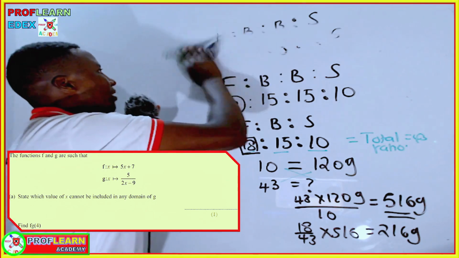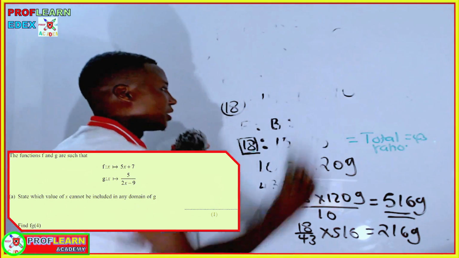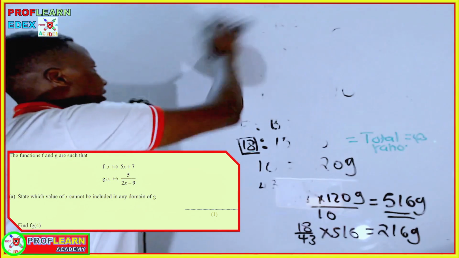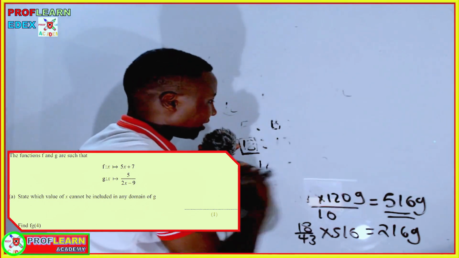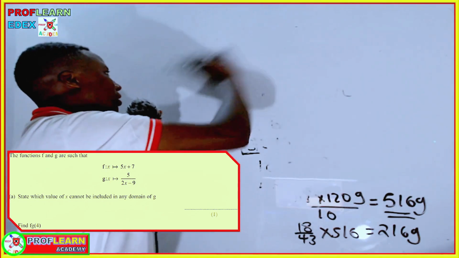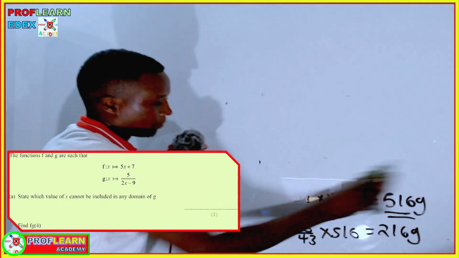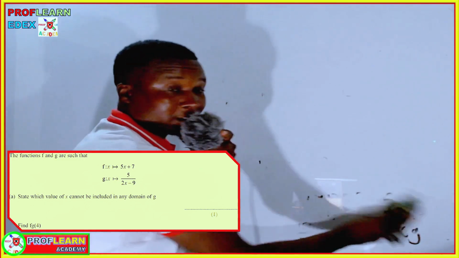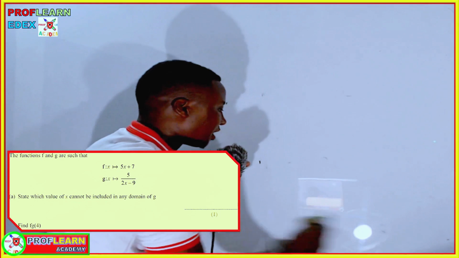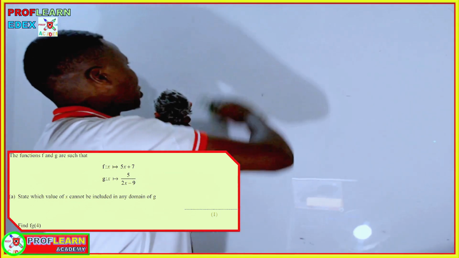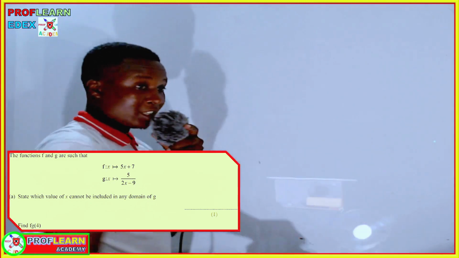You may be given in your exams a question on functions, and you are expected, for instance, to state which value of x should be excluded from the domain of x. Now, when you have fractions, the part that should not be included is a part that results to 0 at the denominator.